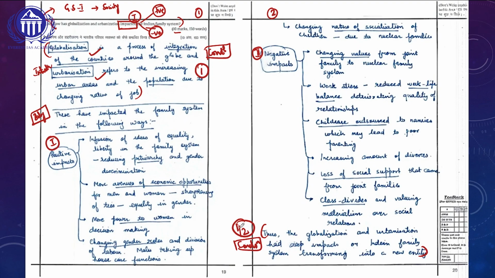And if you look at the body of the answer here, overall, the body of the answer is addressed broadly along the dimension of positive and negative impact, and he is talking about both, that is globalization and urbanization, in his body of the answer in a proper approach. If you look at the total number of points which he has written for the first subheading, positive impact, almost 5 points he has written, and he has underlined the keywords also.